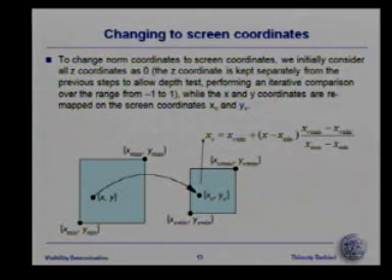Then it's not finished, because after you have normalized coordinates, NDC coordinates, then you want to go to screen coordinates. To go to screen coordinates, you flatten all z coordinates to 0, and then you have to map your two-dimensional space to a specific position on your final screen.